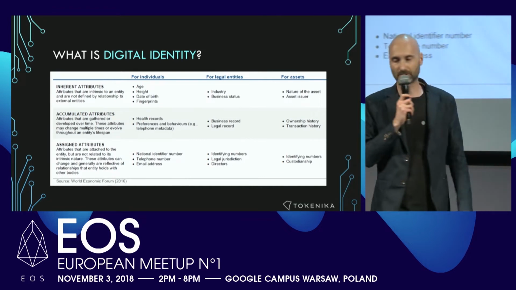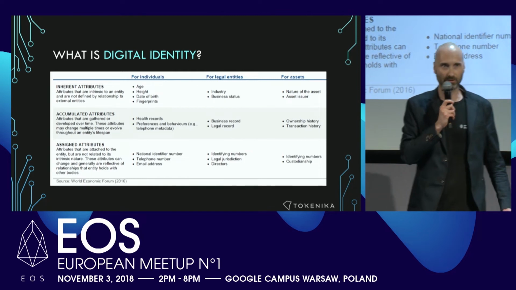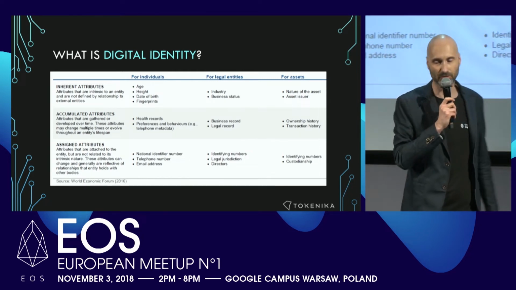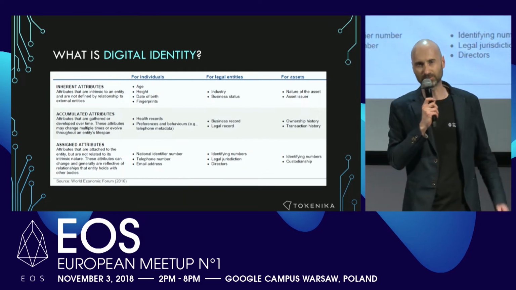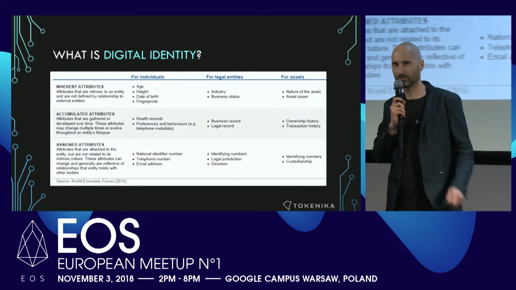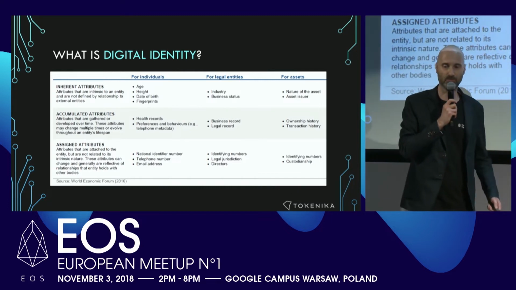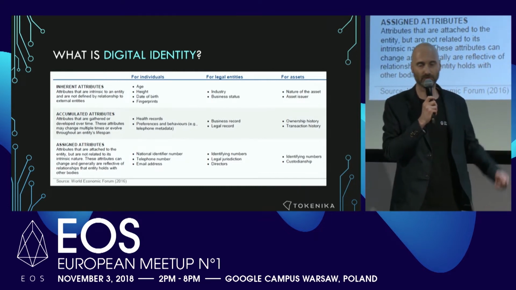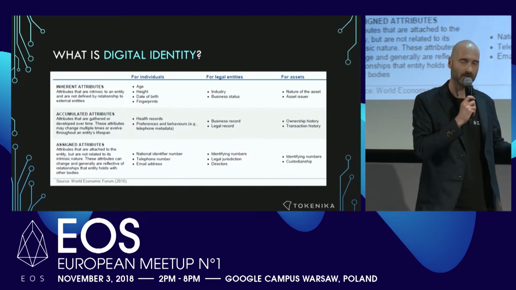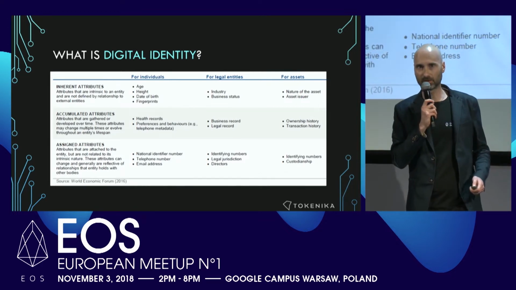We can have several categories, like inherent attributes, accumulated attributes, and assigned attributes. You can think about this concept as a digital persona as opposed to a physical persona. It's like your digital personality. Think of it as a very broad concept.